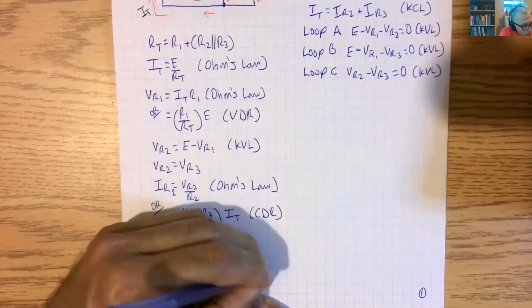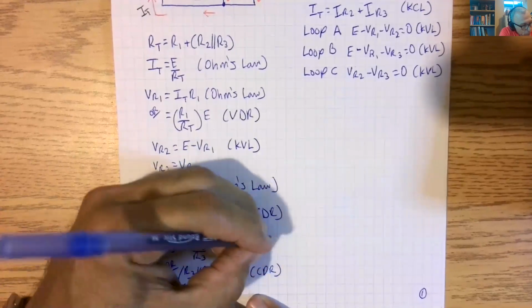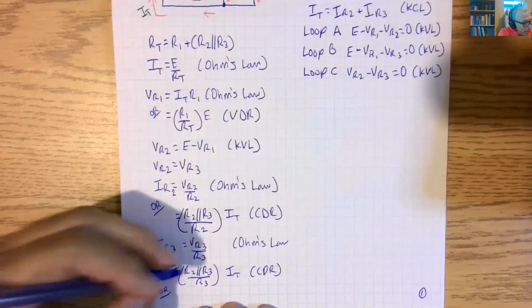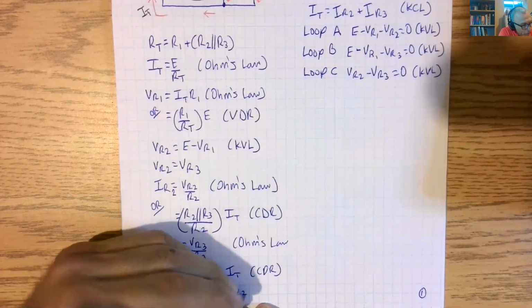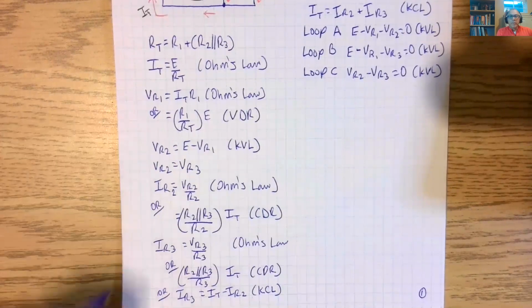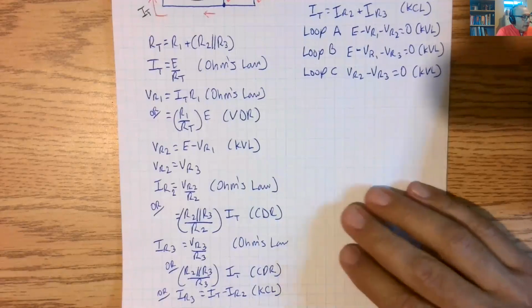Okay, and this is the current divider rule. And this is Ohm's law, as I said before. And then the last way, we could say that IR3 is equal to IT minus IR2. And that is Kirchhoff's current law. Okay, so we have implemented here Kirchhoff's voltage law, Kirchhoff's current law, the voltage divider rule and the current divider rule.